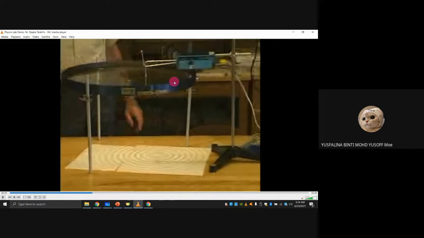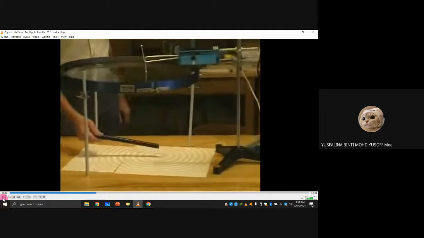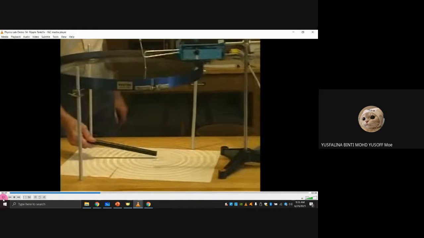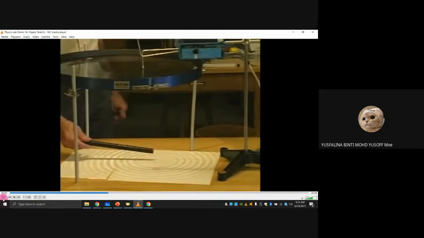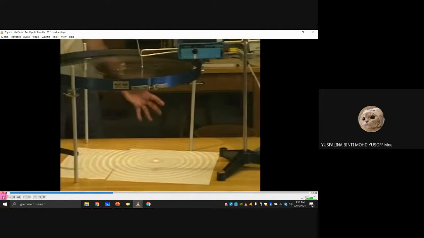But in our lab we didn't use this kind of ripple tank. We used the rectangle shape. This one is a circle one, so this is a circular wave. You can see the wave spread out.